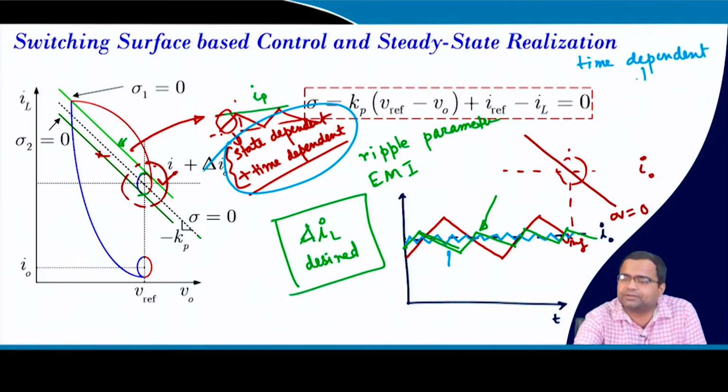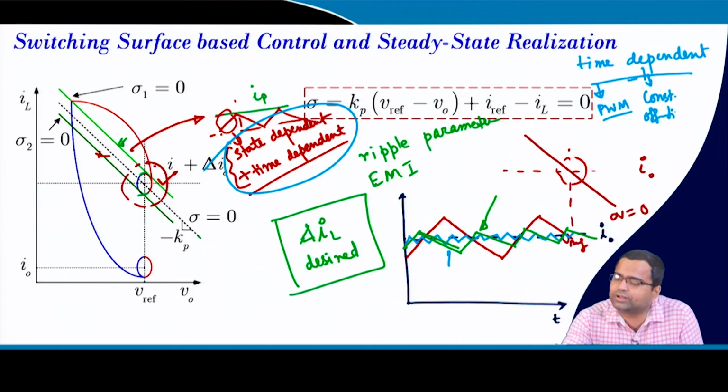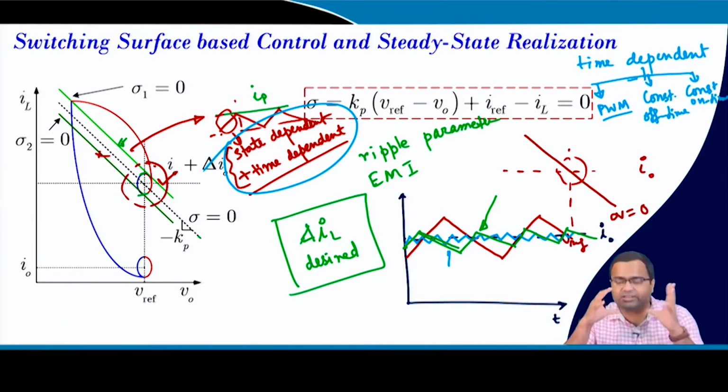then the time dependent, you have three options. One is PWM, where the time period is constant, the total time period is constant. One we know is constant off time, where the off time is constant, and the other is constant on time. So, there are three choices.